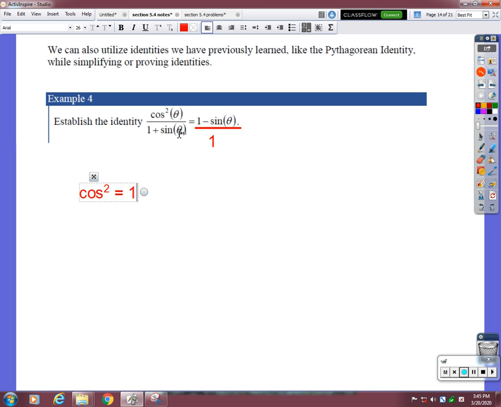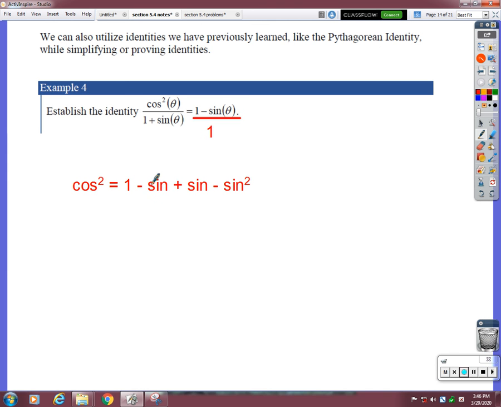Inside terms together would be positive sine, and those would cancel. And then if I do sine times negative sine, then I get negative sine squared.